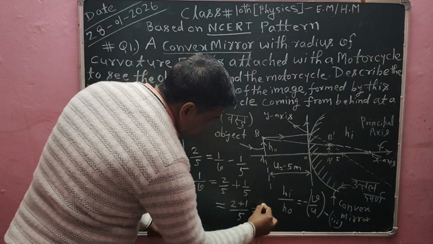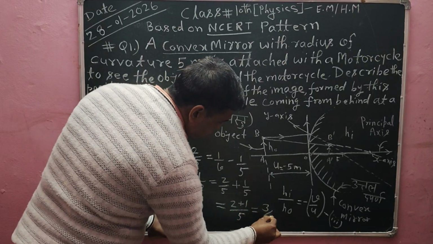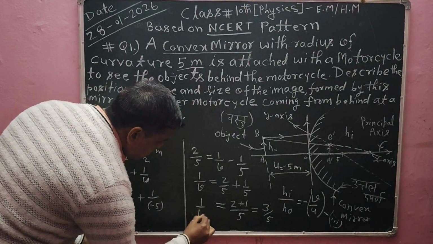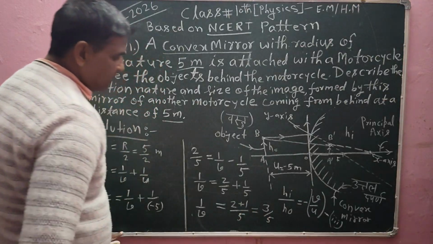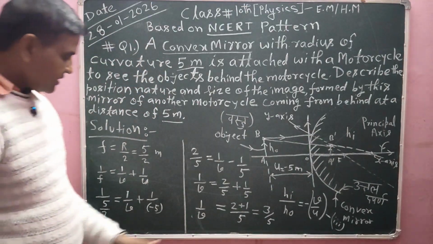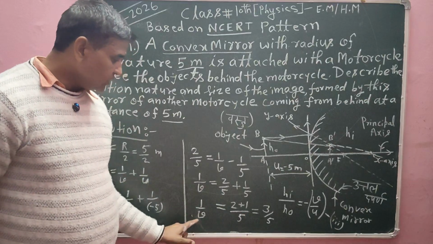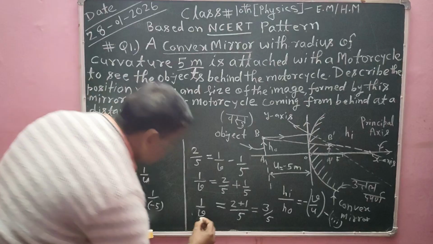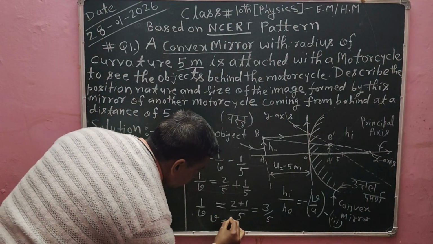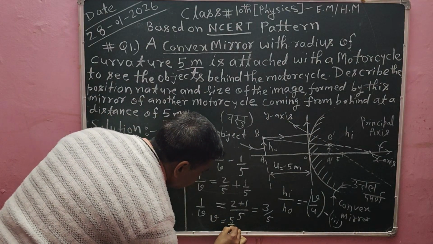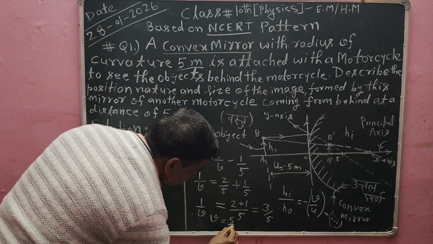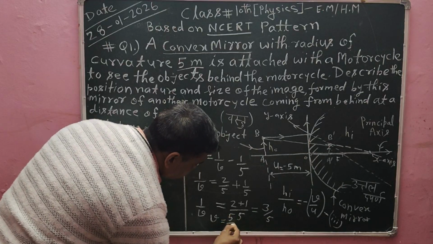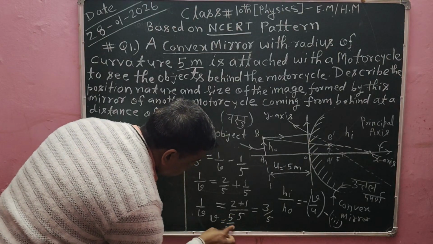Further I can write 3 divided by 5. So 1 by V is equal to 3 divided by 5. So in other words, we can say V is equal to 5 divided by 3. So here I can write properly V is equal to 5 divided by 3.